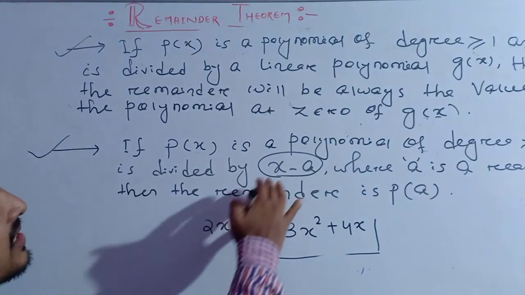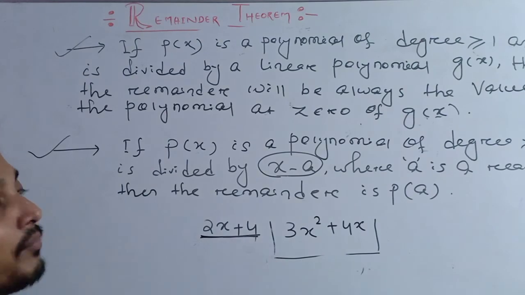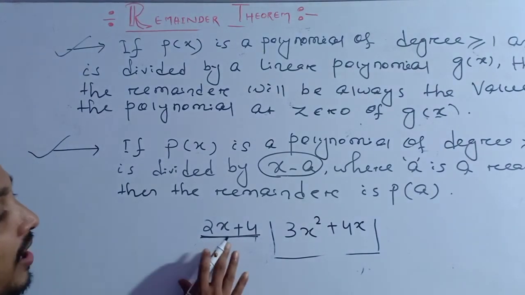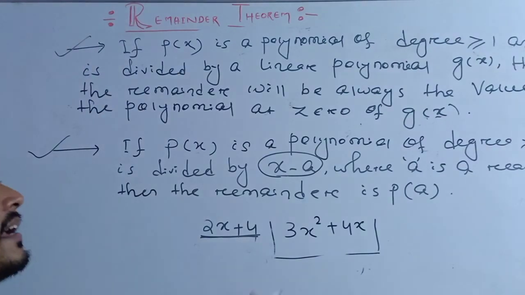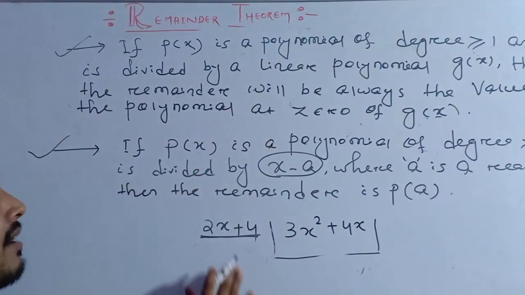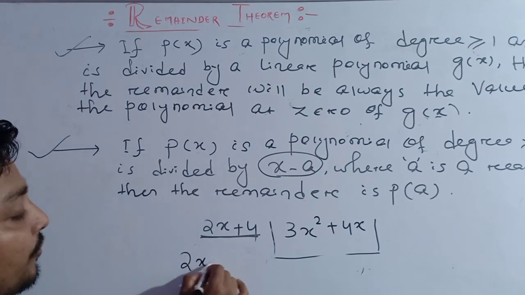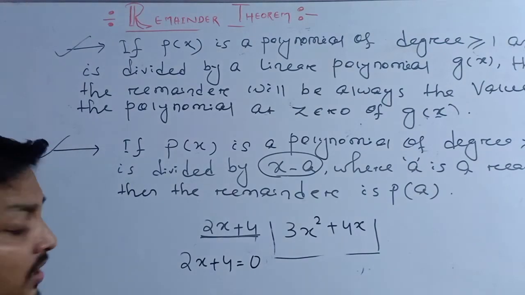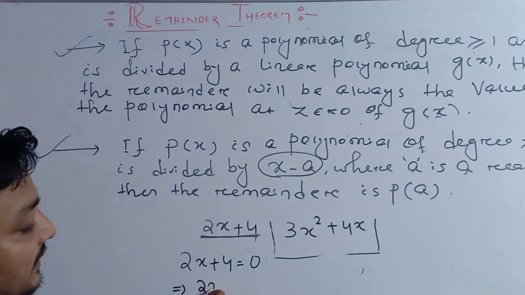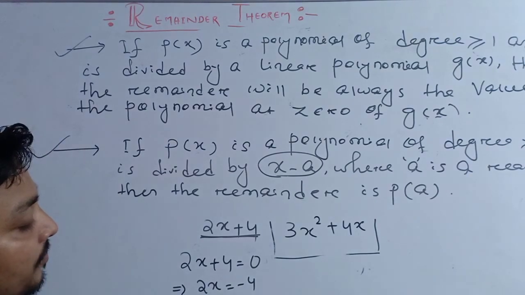This is not in the form of x minus a, but it is linear. For this situation it is better to apply the previous formula. In the previous case it was said you have to find the zero of g(x). How to find it? 2x plus 4 is equal to 0, which implies 2x is equal to minus 4, which implies x is equal to minus 2.